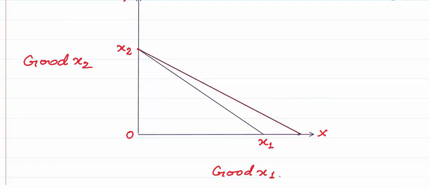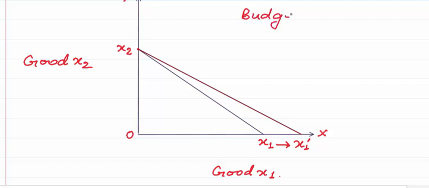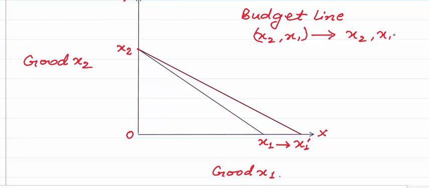Here we can see that the amount of goods X1 now purchased by the consumer is X1 prime, and this is towards the right hand side of goods X1, which was earlier being consumed by the consumer. Now this budget line of the consumer has shifted from X2 X1 to X2 X1 prime.